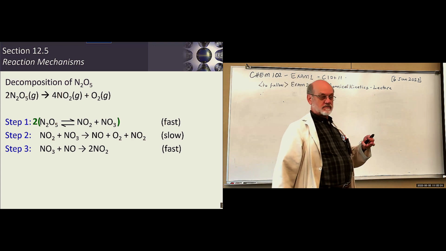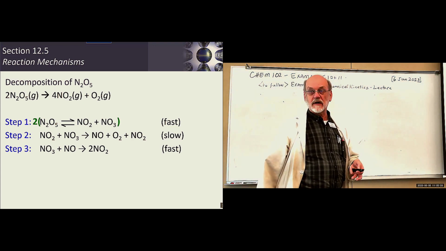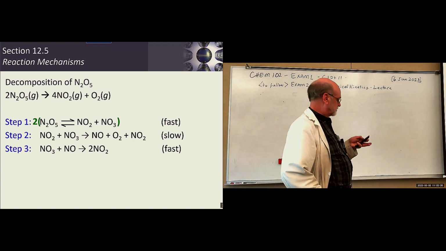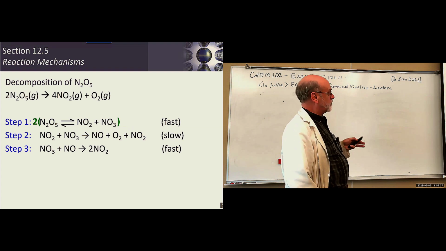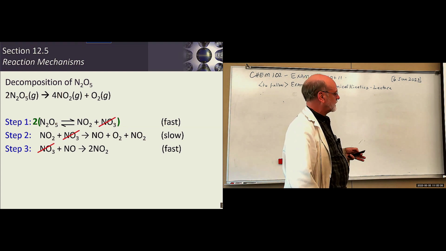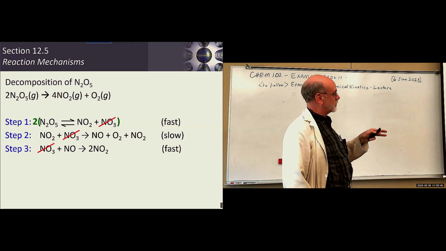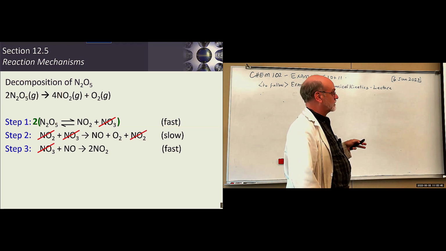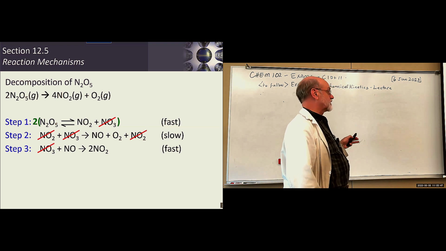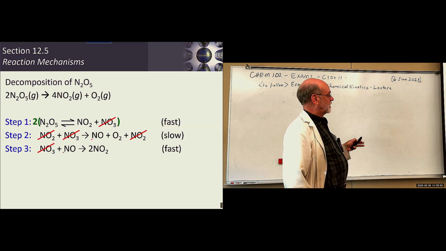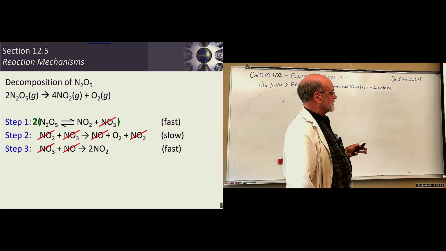And we manipulate the equations, right? So they'll add together properly. And if we multiply 2 times step 1, then that gets rid of 2 NO3s on the left and 2 NO3s on the right. That's good. And then the NO2s cancel out of the second step. And the NOs cancel out of the second, third step.